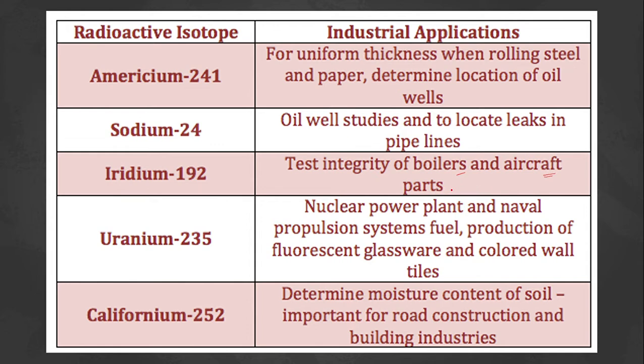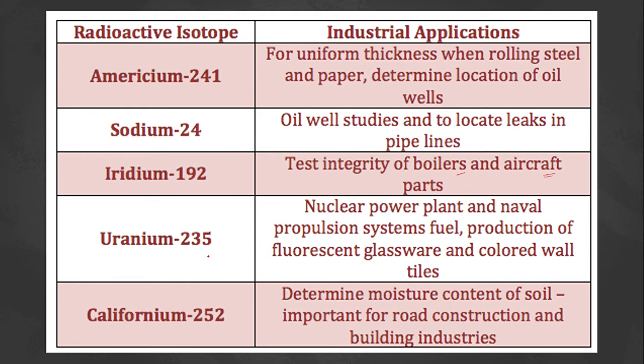Sa visible eye, maaaring hindi mo siya napapansin, pero using radio photography, they can see even the smallest cracks. O kaya mga potential na maaaring magkaroon ng damage pag nag-continue ng paggamit yung parts na yon, so pwedeng masira na kagad. Magde-detect yun using radio photography and they use radioisotopes like iridium-192.